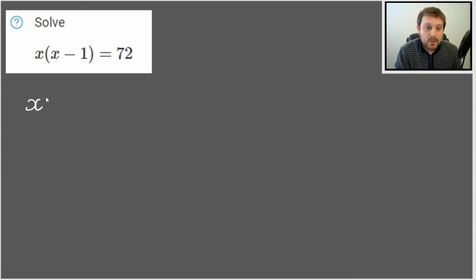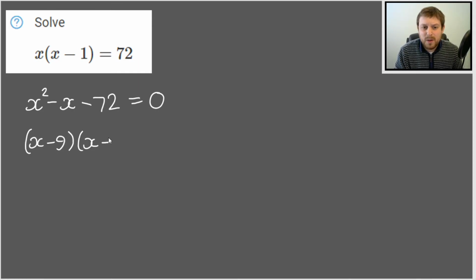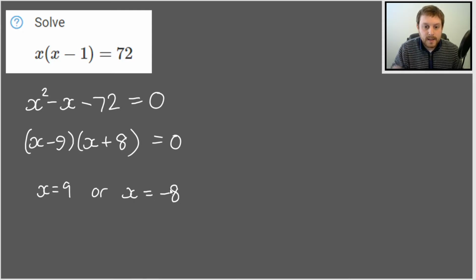Okay, so x squared minus x, I'm going to do minus 72. I'm going to do all of that in one go, and I'm going to write equals 0. Okay, and so this is x minus 9, x plus 8 equals 0, because minus 9 times 8 is minus 72, and minus 9 add 8 is minus 1. So this is x is 9 or x is minus 8.